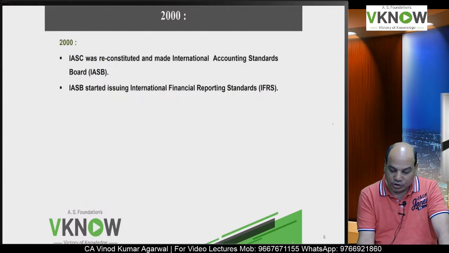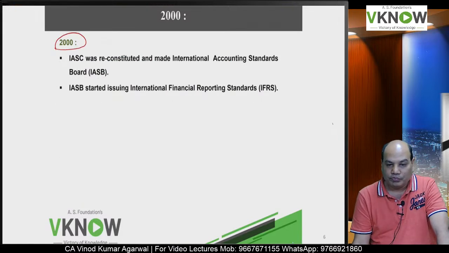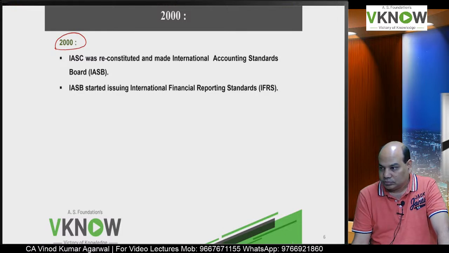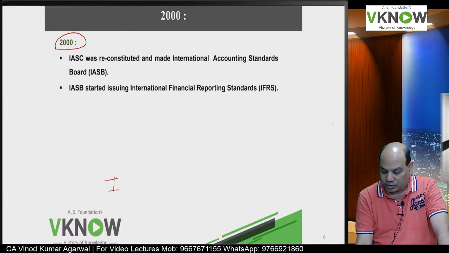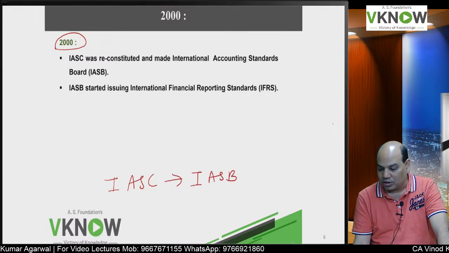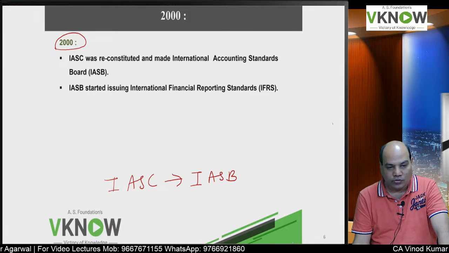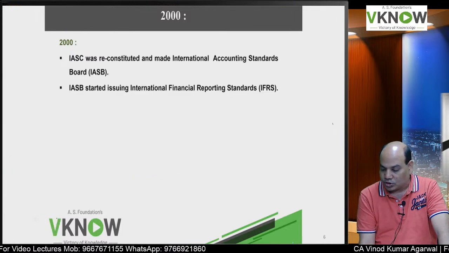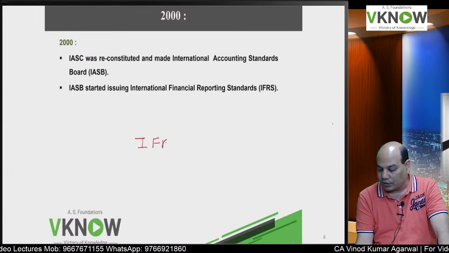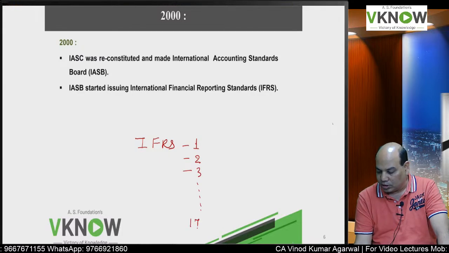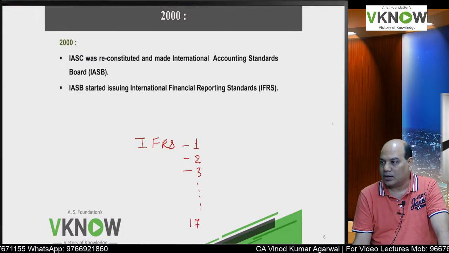So another very important year is the year in which IASB was formed. IASC became IASB now. It was reconstituted. It is called International Accounting Standards Board, and now IASB issues standards which are called IFRS, and the numbering is IFRS 1, IFRS 2, IFRS 3, and till now 17 IFRS have been issued.